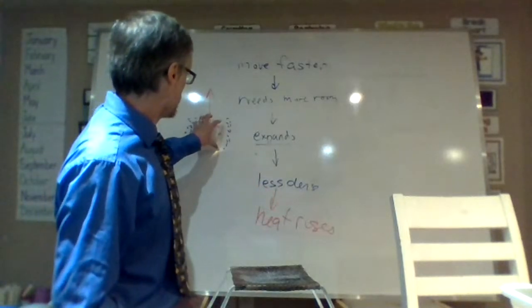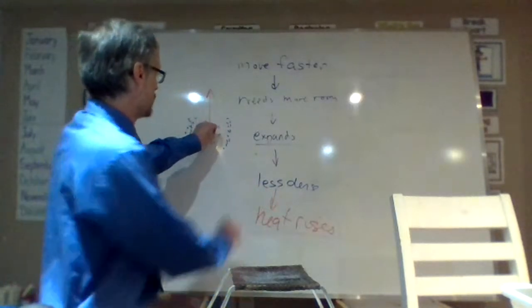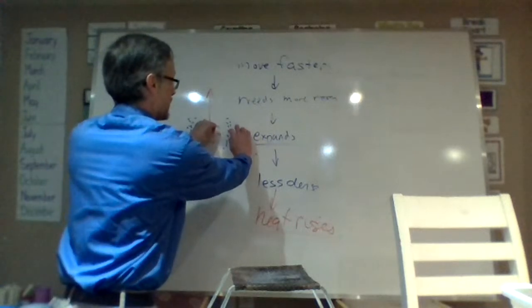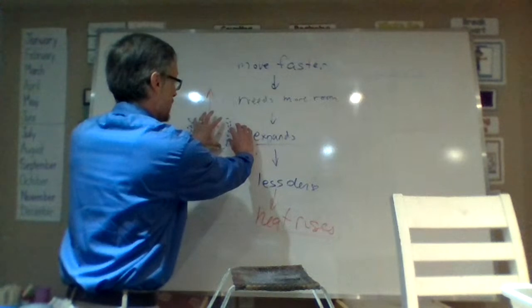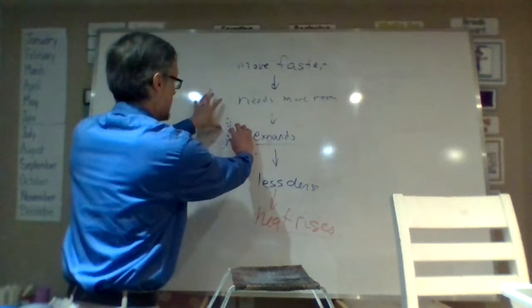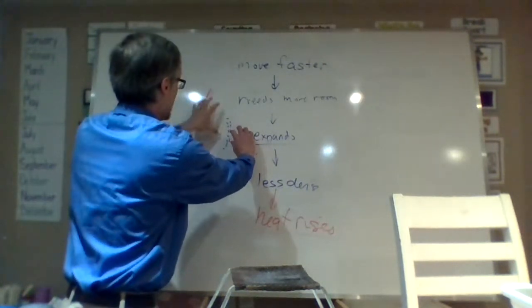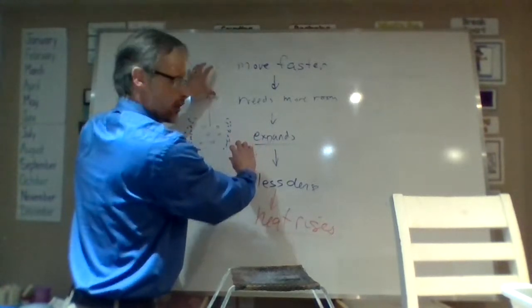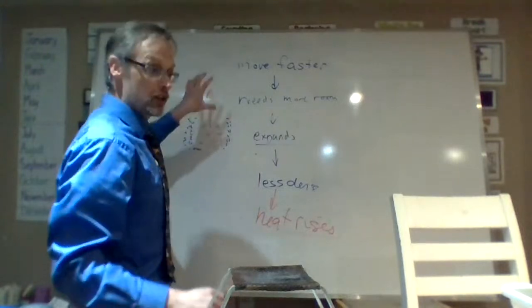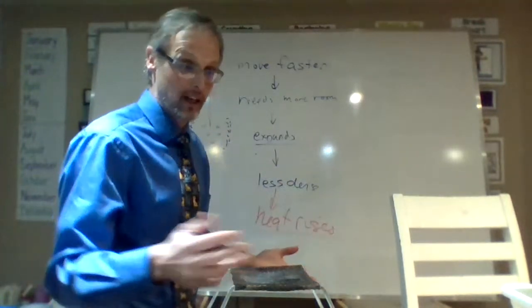So the molecules spread out. Here's my molecules at the beginning. These molecules get heated up, they spread out, and because they're spread out, they start to rise. That is convection. Heat rising.